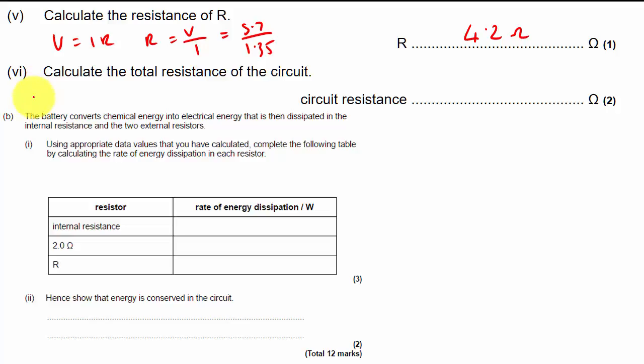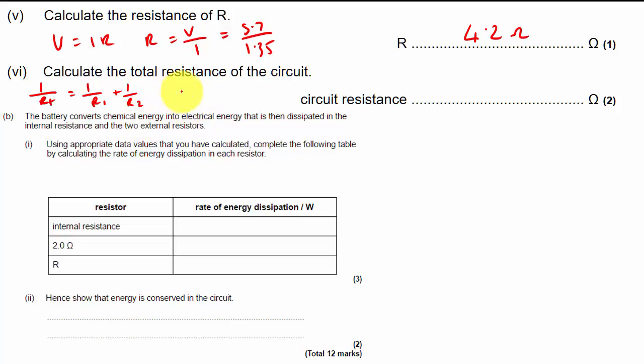For adding resistors in parallel, 1 over R total will be equal to 1 over R1 plus 1 over R2, and this goes on for as many resistances in parallel as you've got.